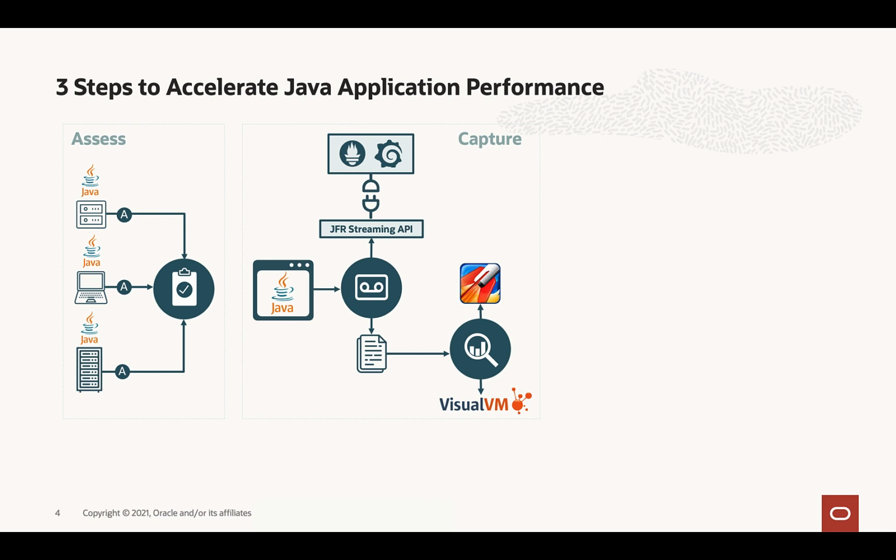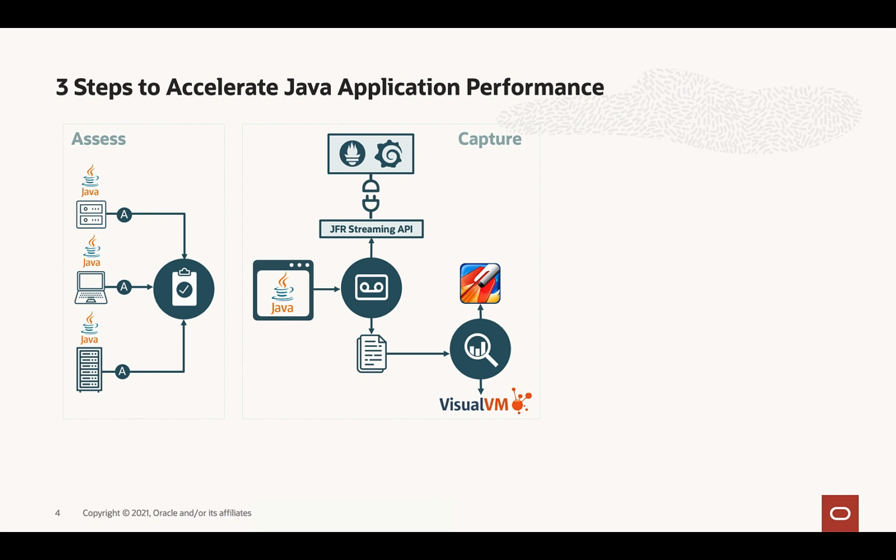And there are an assortment, of course, of tools and techniques for capturing and analyzing data. JDK Flight Recorder, JDK Mission Control, and Visual VM in combination provide a really powerful alternative to the sometimes cost-prohibitive commercial diagnostic tools.